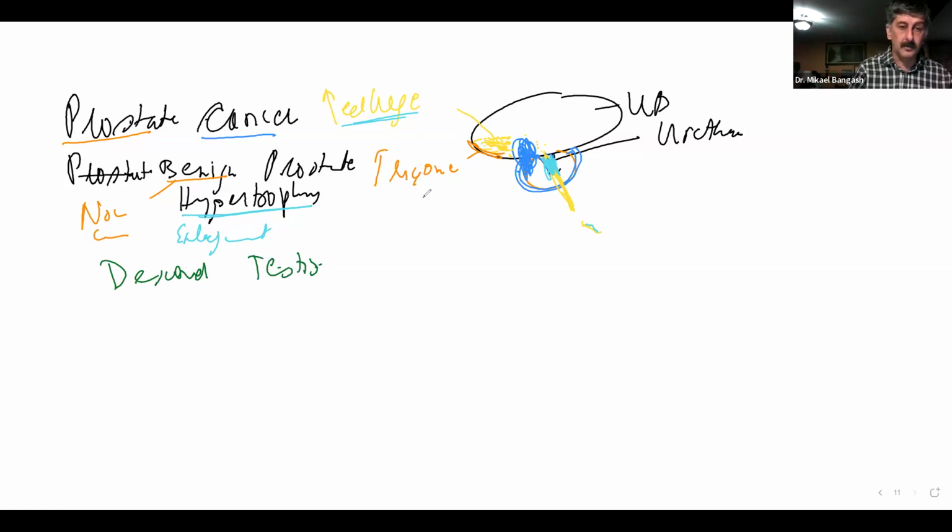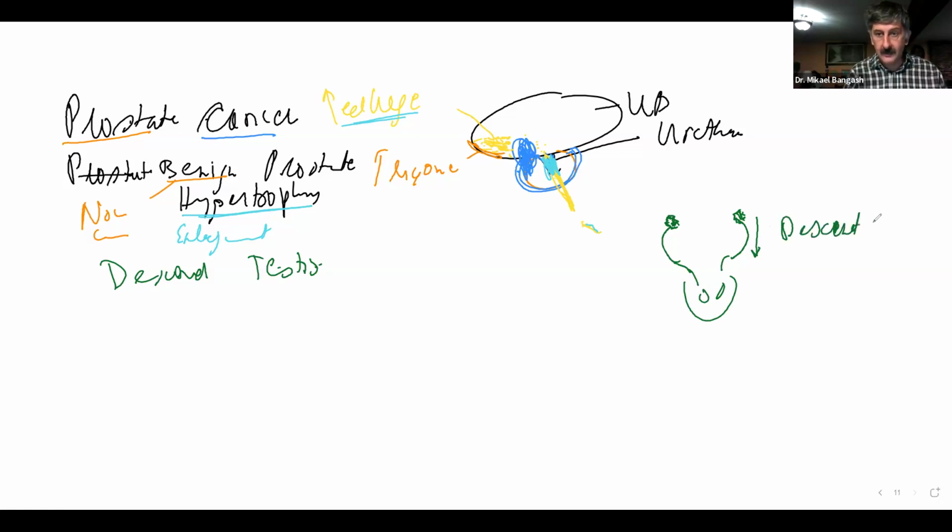Mainly from the lower abdomen, where they initially develop, into the inguinal canal and into the scrotum. That journey of traveling down is called the descent of the testes.